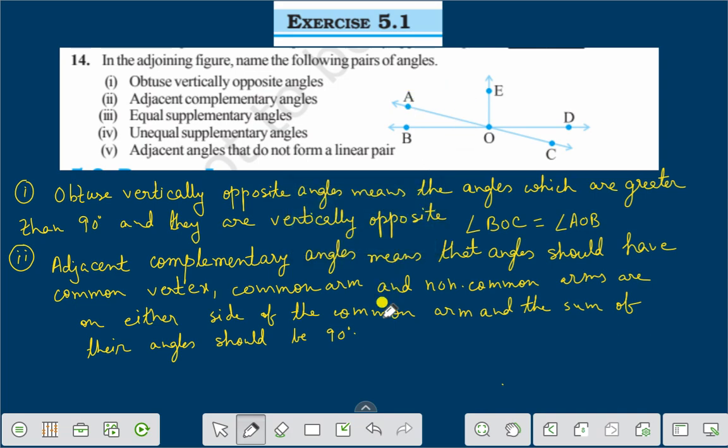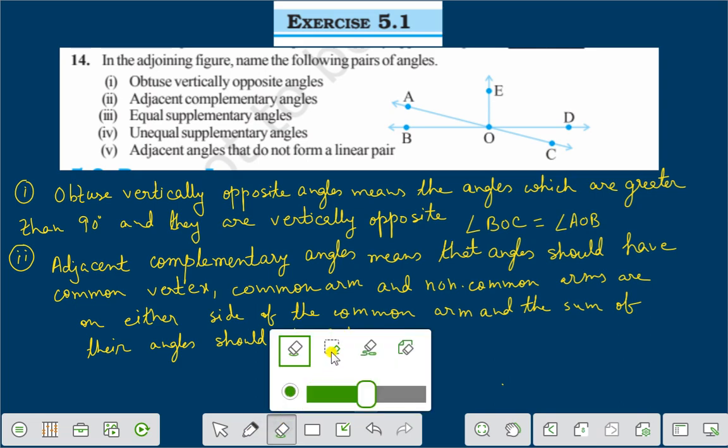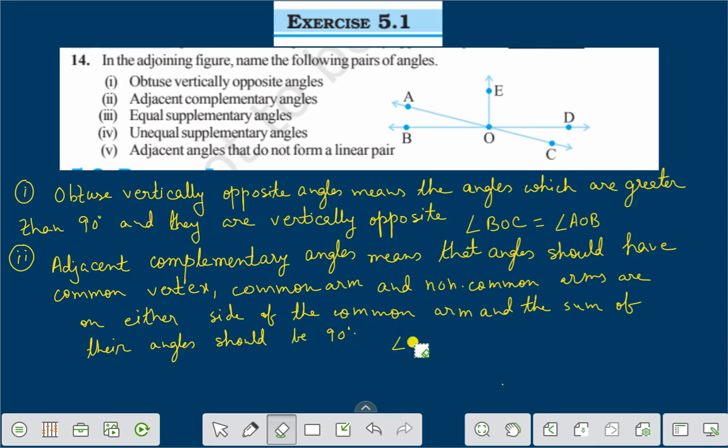Therefore, from the figure we find that angle AOB plus angle AOE is equal to 90 degree, right.